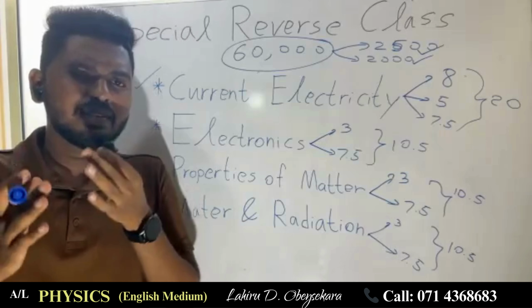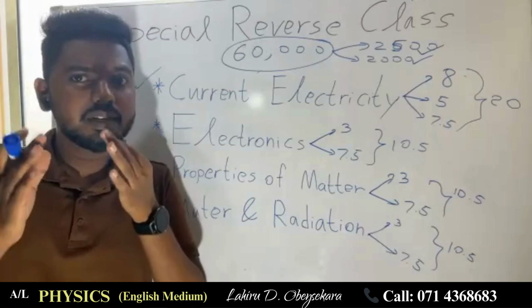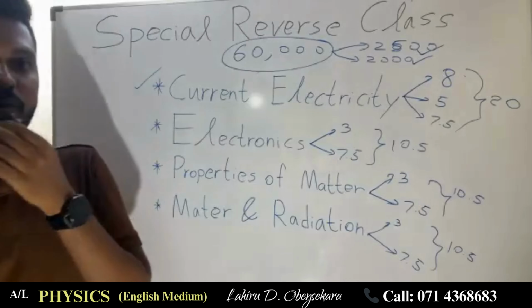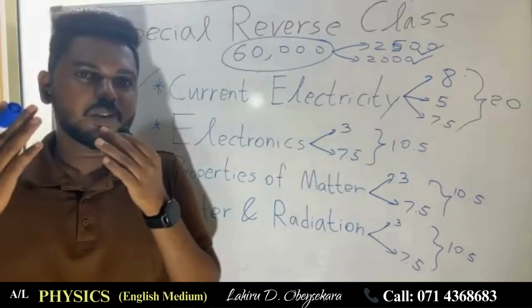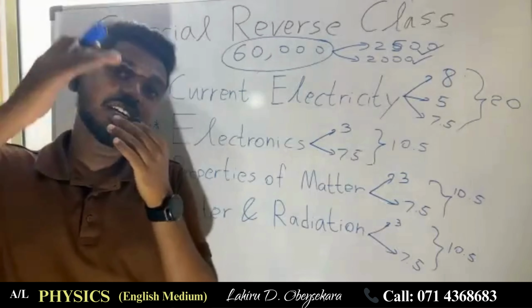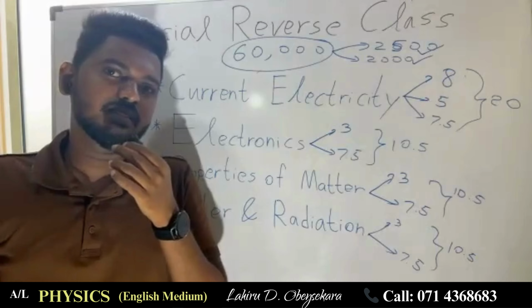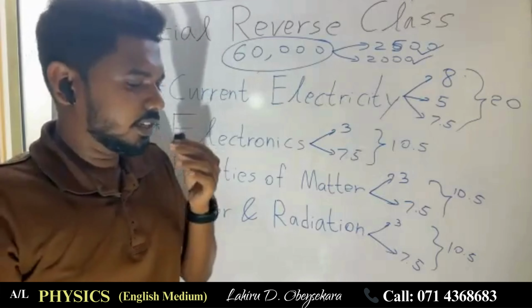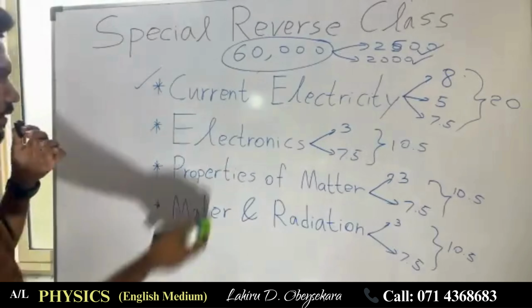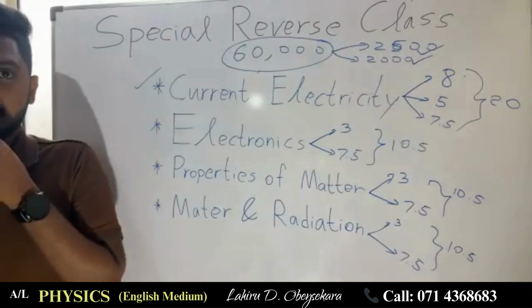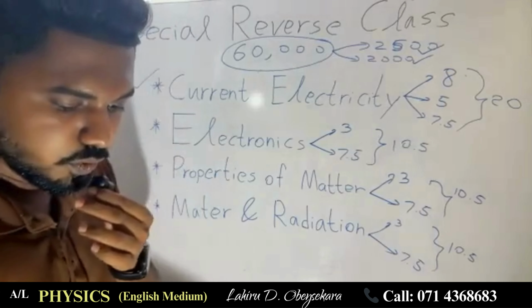Complete your A level syllabus before 3 months of your exam. If you do this very well, you are at a higher level. Today I am going to start with our first lesson, current electricity, the giant lesson in this bulk. So let's move to that.